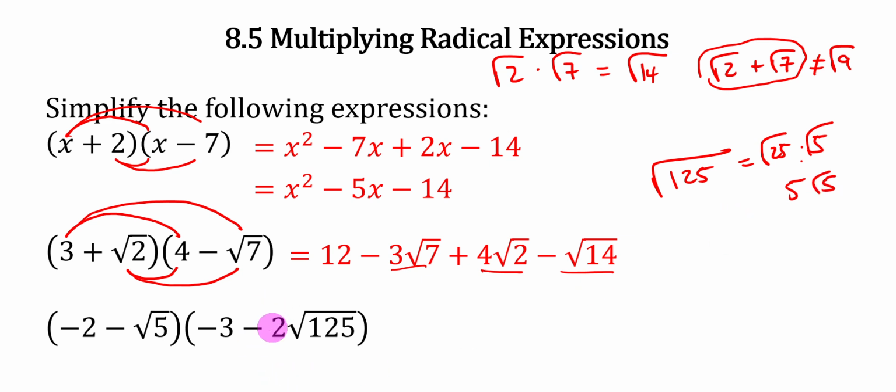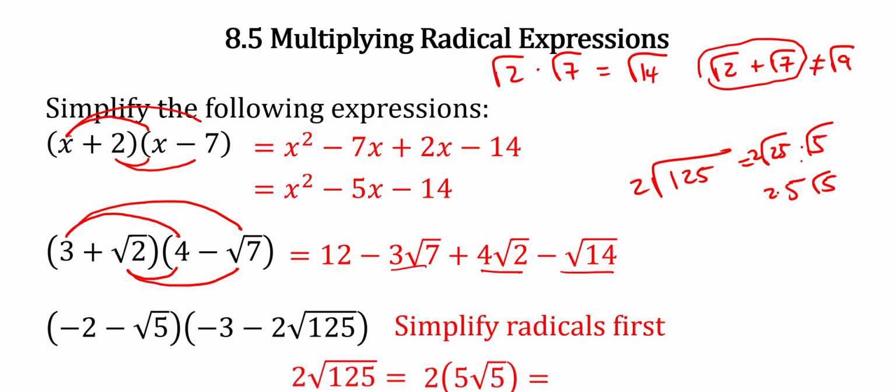And then again, we're going to slap this 2 on the front of it, so we should get 10 square roots of 5. So that means I'm actually simplifying this. I'm going to get positive 6 when I multiply negative 2 and negative 3. Then I'm going to get 20 square roots of 5. Then I'm going to get plus 3 square roots of 5.